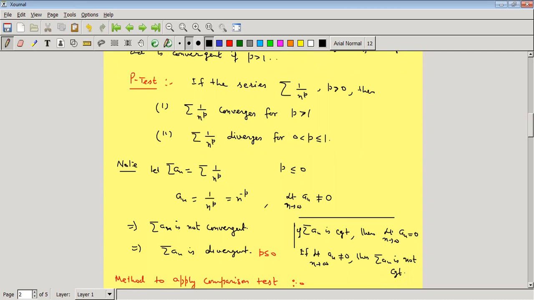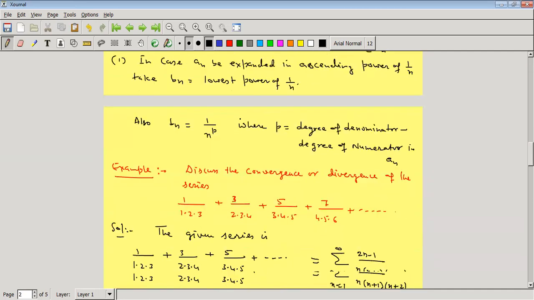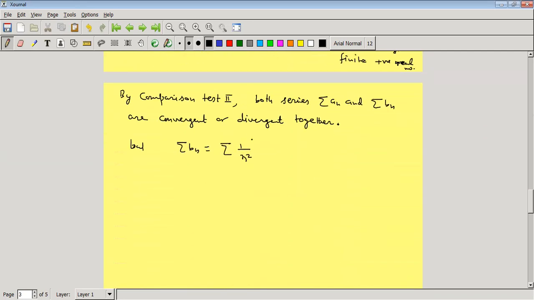Then summation 1 upon n square is convergent. So by p test, it is convergent for p equal to 2, which is greater than 1.